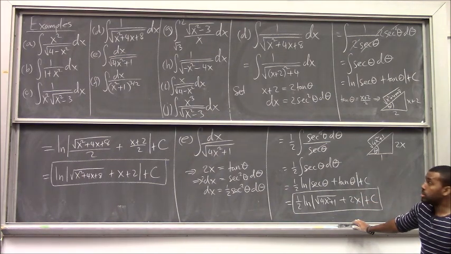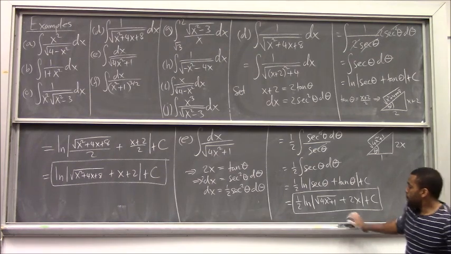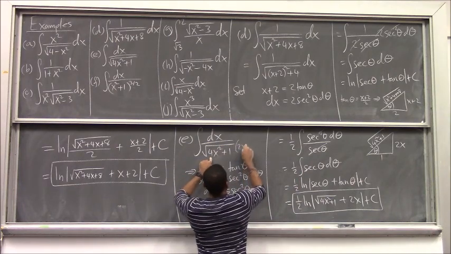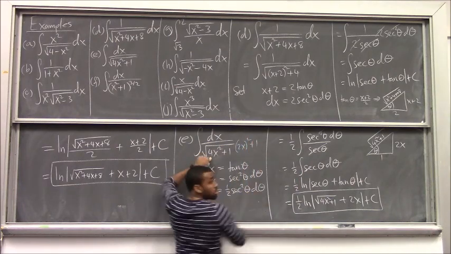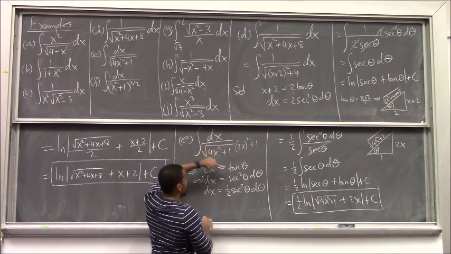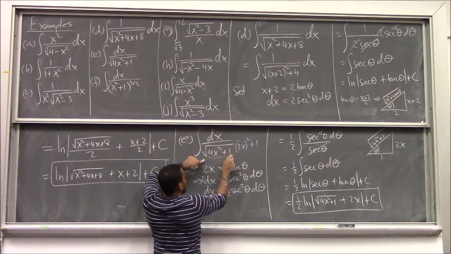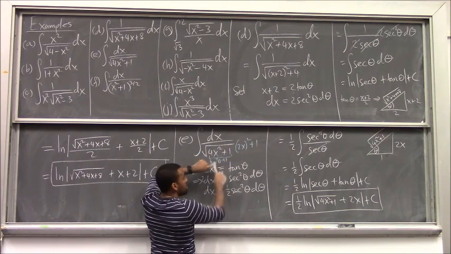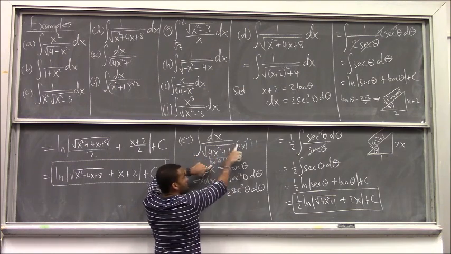Can you please explain how it went from the radical of 4x squared plus 1 to 2x equals tangent theta? Because the 4x squared is really 2x squared plus 1. And my 2x is tangent, so this really becomes tangent squared plus 1, which is secant squared. Then I take the radical.